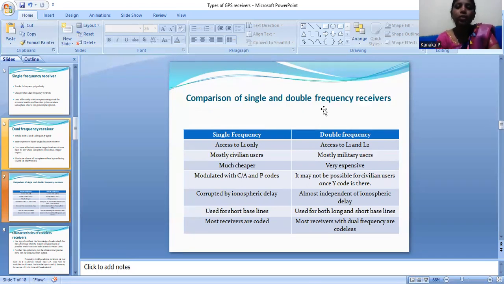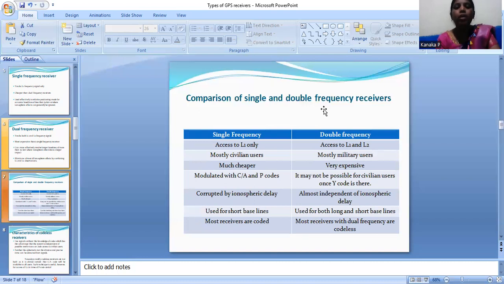Single frequency is much cheaper, and double frequency is very expensive. Single frequency is modulated with C/A and P code. With double frequency, it may not be possible for civilian users once the Y code is there. Single frequency is corrupted by ionospheric delay, while double frequency is almost independent of ionospheric delay.